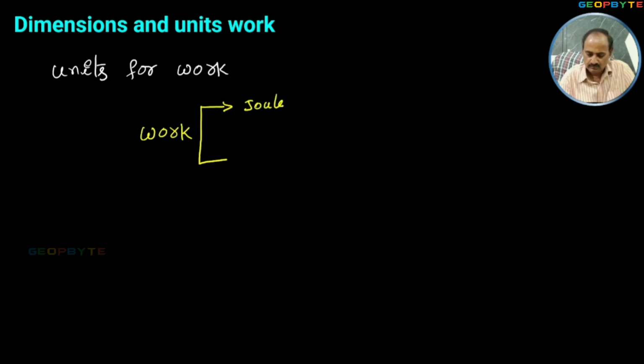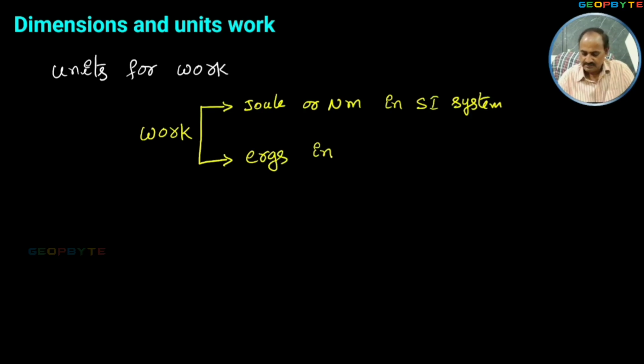Dear friends, remember work is in joule, or newton meter in the SI system, whereas in the CGS system, it is erg.